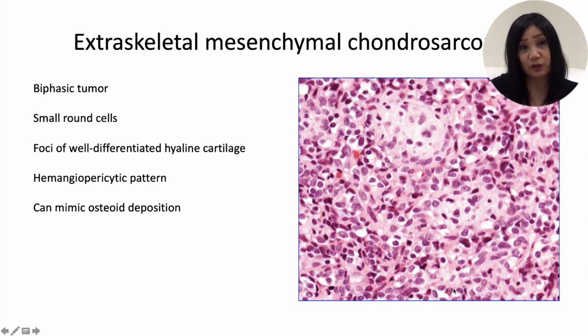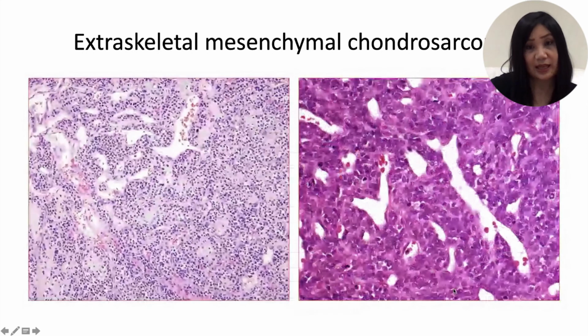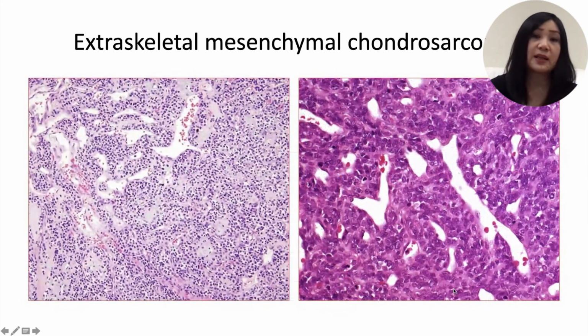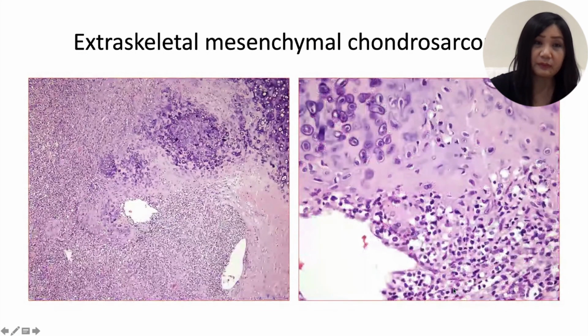So it's a biphasic tumor composed of essentially small round cells with foci of well-differentiated hyaline cartilage. And these may be small, tiny nests, so we need to look for them. Frequently there is a hemangiopericytoma-like vascular pattern in the background, and sometimes there can be osteoid deposition. So let's remember that prominent vascular pattern in the background.